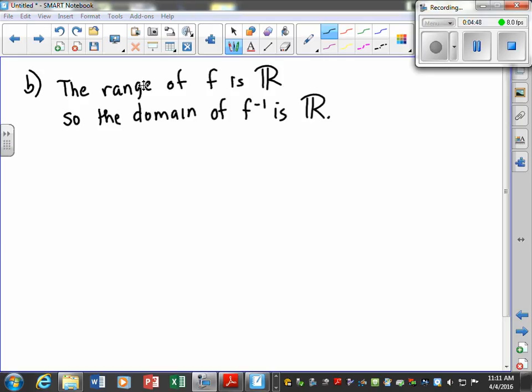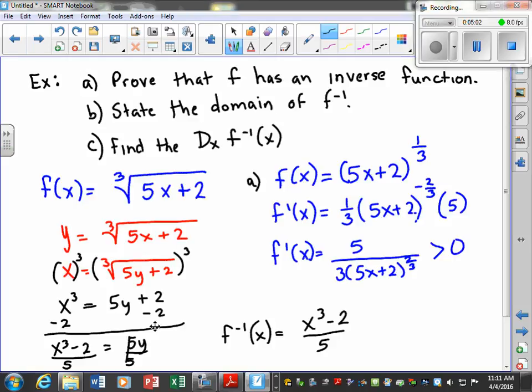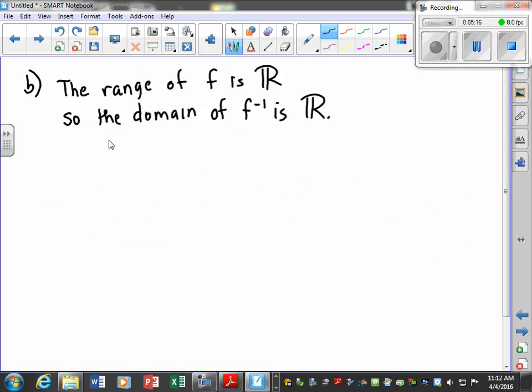So we can use our theorem, the relationship that we have here, to answer part B. And using this information is the safest way to do it because we can rely on the given information. If we made a mistake in calculating the inverse and then tried to take the domain from it, we might get a mistake in part B. But if we use our given information and rely on our theorem, we can get a more accurate solution there.